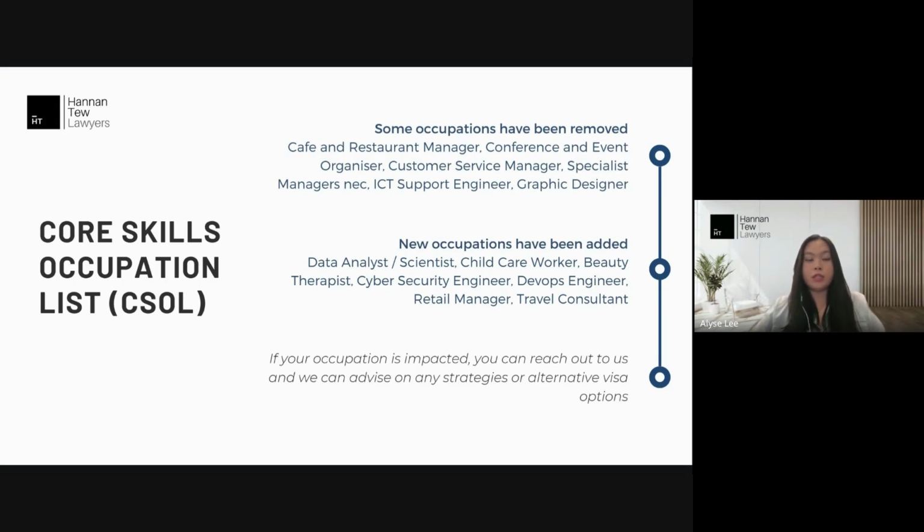It will still need to substantially align to the ANZSCO occupation chosen, but we can definitely have a look at that. In terms of other visa options, we can explore whether the general skilled migration pathway or even any regional visas could be an option. So if you have any questions, feel free to reach out to us.